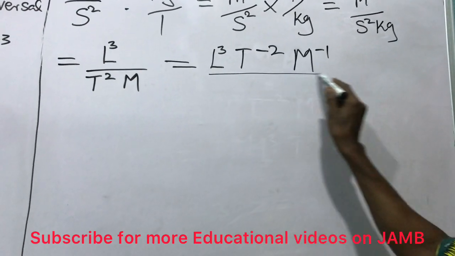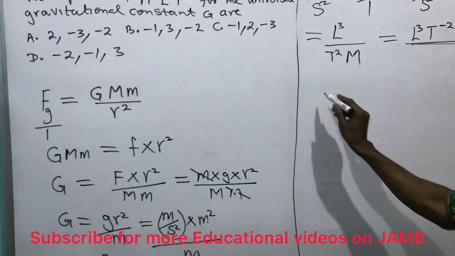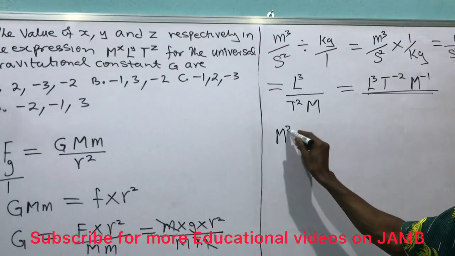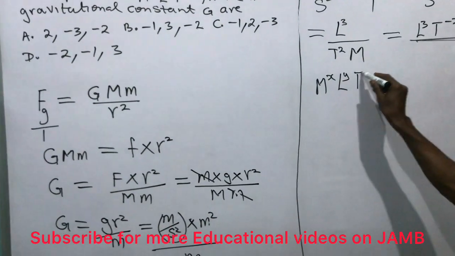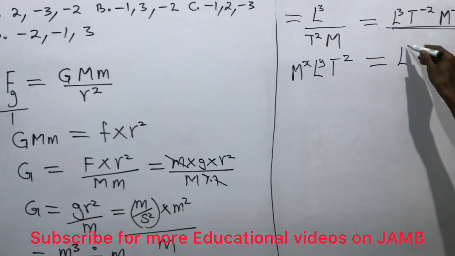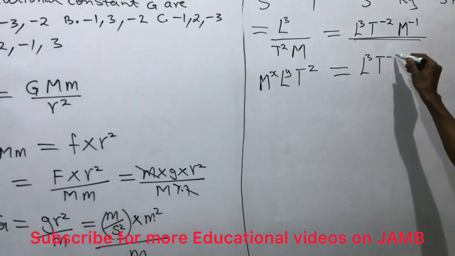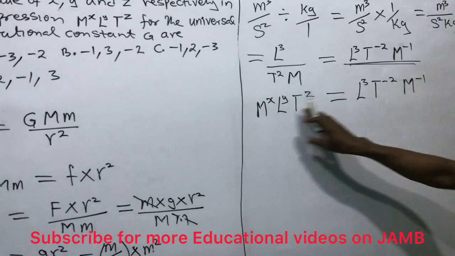And that's the dimension of the gravitational constant. I can now say that M to the X, L to the Y, and T to the Z is equal to the same thing as these three: L cubed, T minus 2, M minus 1. Are they the same base?